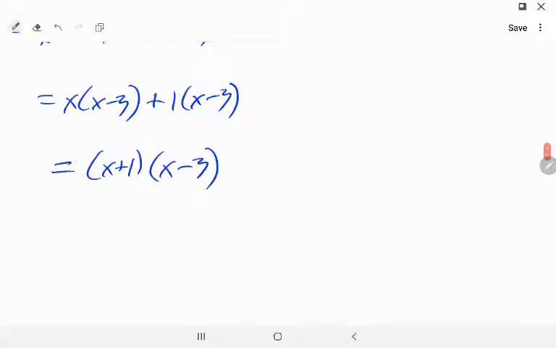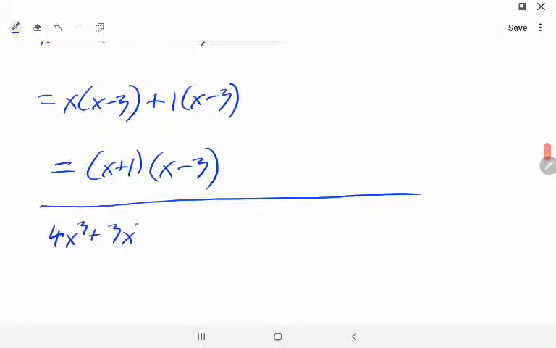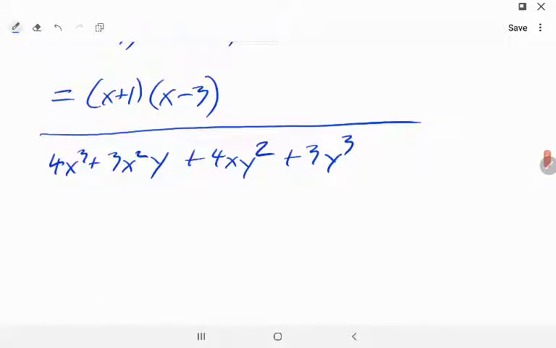So we'll do a couple more examples of that. If we had something like 4x cubed plus 3x squared y plus 4xy squared plus 3y cubed, we have to be careful. We notice that the first two terms have a common factor of x squared.